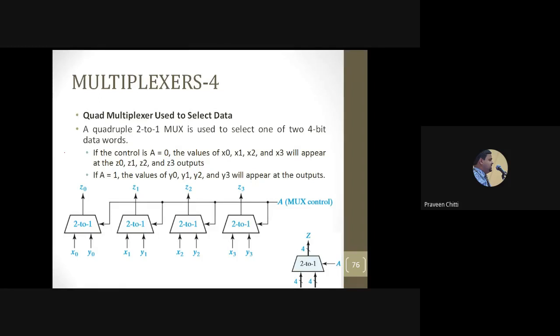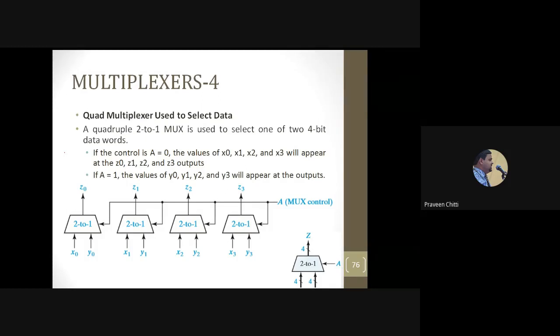Based on the select line A, when A is 0, I should get x0 to x3, that 4-bit data, at the output. And when A is 1, I should get the 4-bit data y0, y1, y2, y3 at the output. So what should you do?